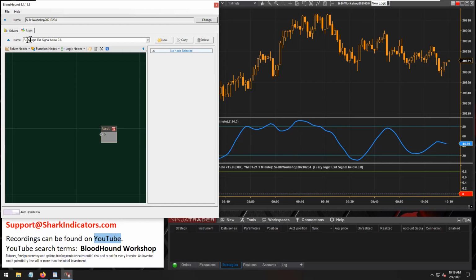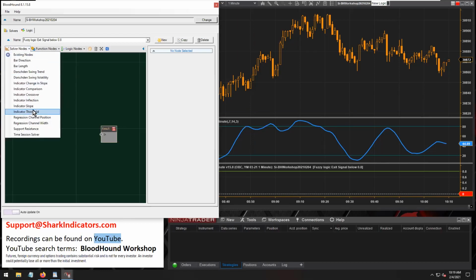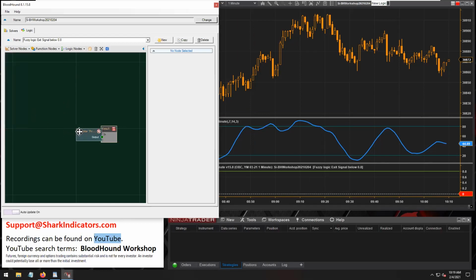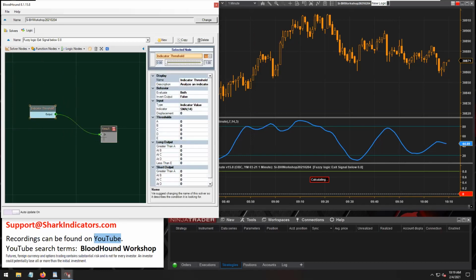So this is basically a fuzzy logic based exit signal, right? When the output goes below 0.8 there. All right, so I need some entry signals to work with here. So I'm going to use a threshold solver. Let's connect that in.